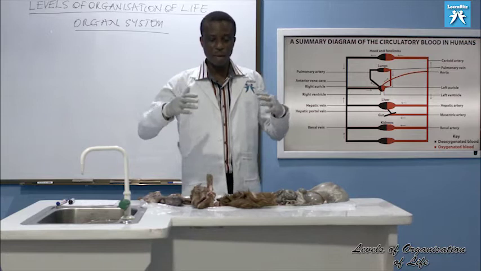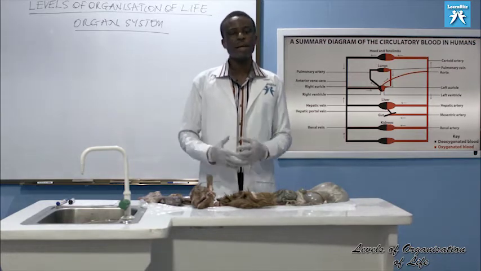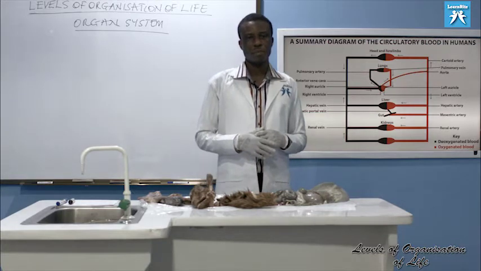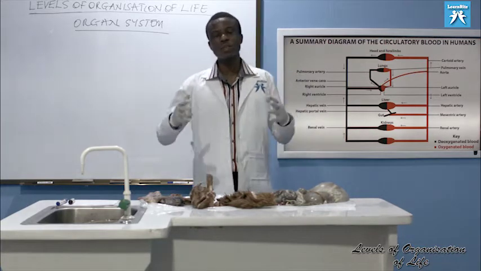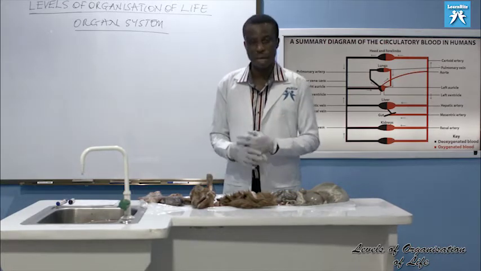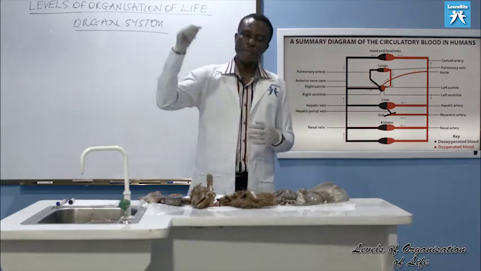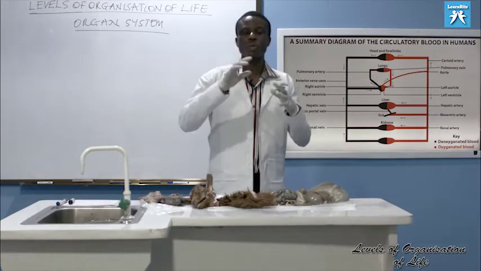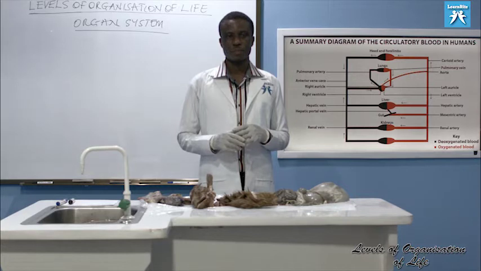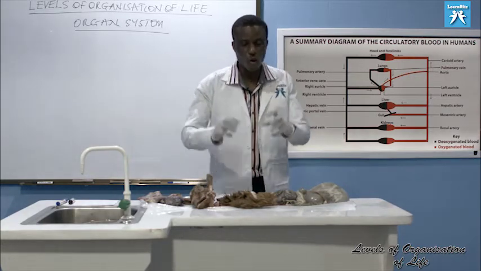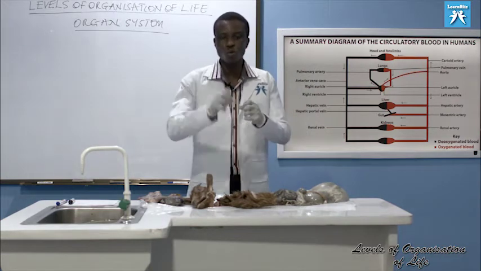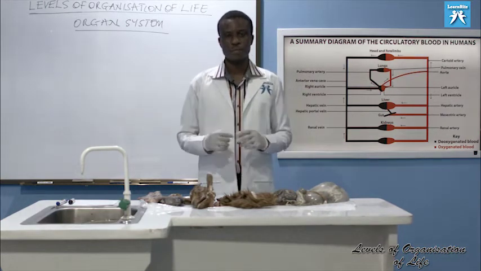Then if it's a herbivore, then a large intestine, cecum for digestion of cellulose, the colon for absorption of water. Before then, small intestine for absorption of digested food. The rectum will store undigested food as feces. Continue to absorb water.